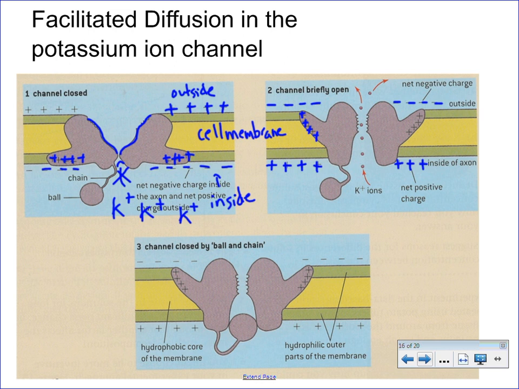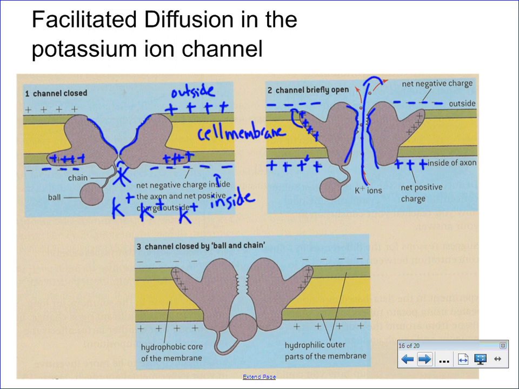Those positive charges inside the potassium ion channel will now be repelled by these positive charges on the inside of the membrane and be attracted to those negative charges that are now on the outside. So this will cause a change in shape of this channel and will now allow this high concentration of potassium ions to start flowing outside of the cell.